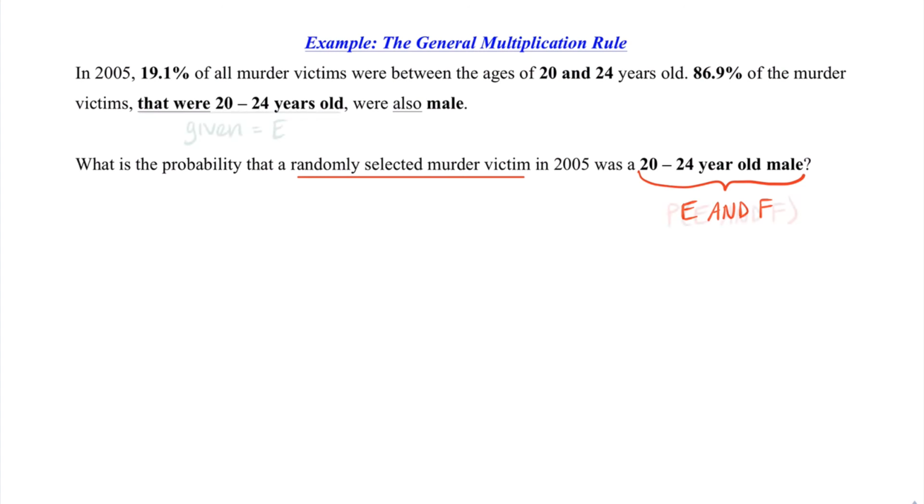Looking back at the beginning then, we had 86.9% of the murder victims that were 20 to 24 years old.